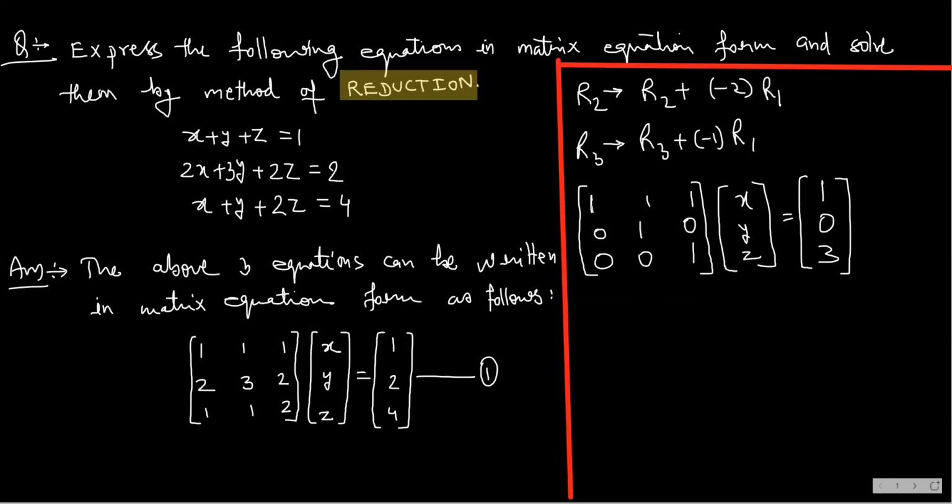Now I'll multiply. So see here, how do I multiply? First row, first column. There is no second column. So second row, first column, and third row, first column. Okay. So here I go for first row, first column.